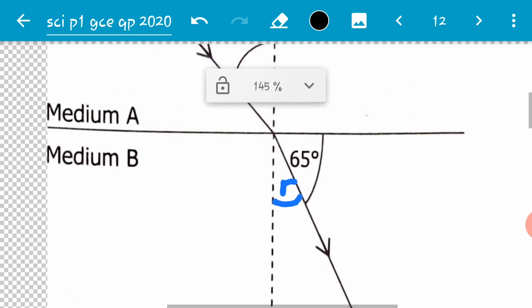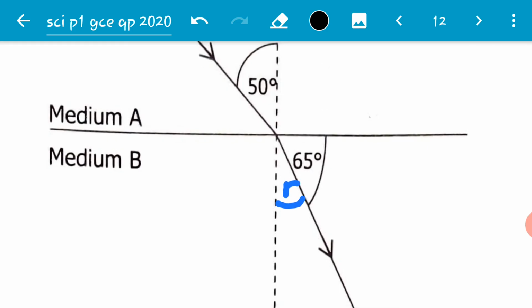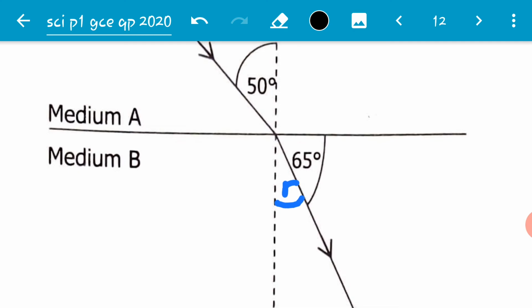Now let's critically look at this scenario. The normal and the boundary of the two media always make a 90-degree angle. So we have R and 65 occupying that 90-degree angle.